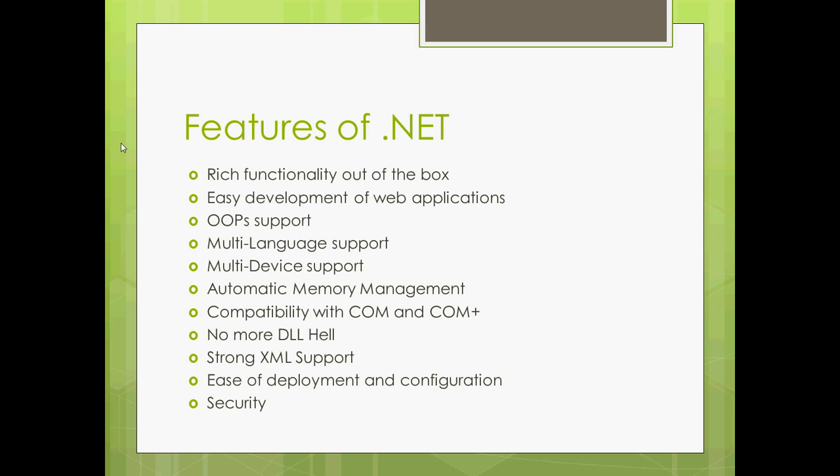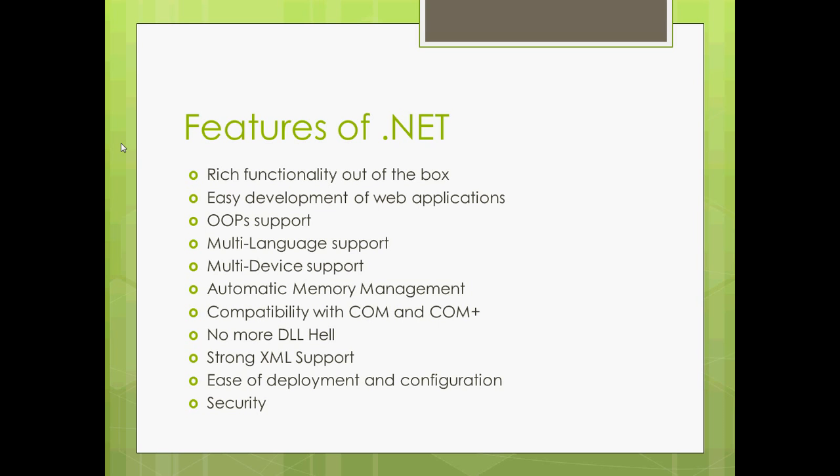Okay, coming to the features that .NET provides, I will talk about each one of them individually and slowly so you can better understand them. First is rich functionality out of the box. Now .NET framework, like I said, provides a rich set of functionalities, and it contains hundreds of classes that provide a variety of functionality which is ready to use in your application.